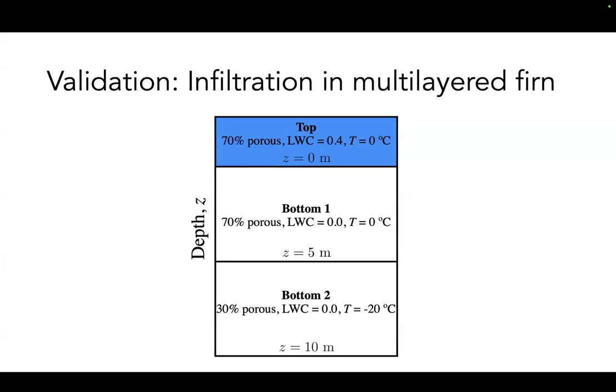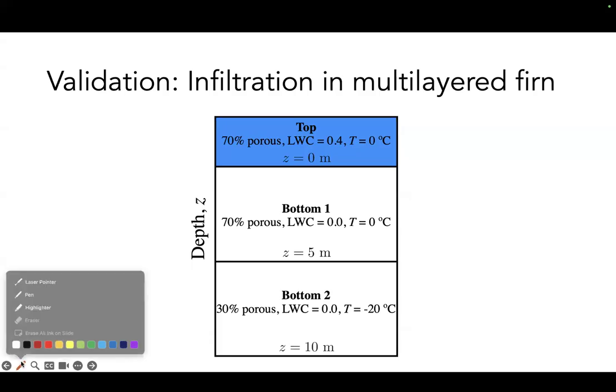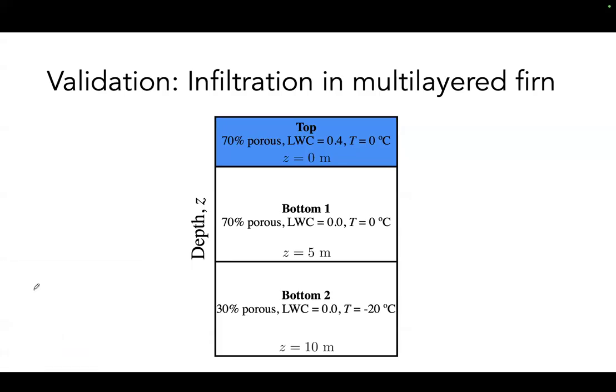So think about a multi-layered Firn where you have two layers, bottom one and bottom two. Bottom one is 70% porous, initially dry, so the liquid water content is zero, and the temperature is 0 degrees, and it's about 5 meters deep. Below that, you have 30% porous Firn, which is slightly less porous, no liquid water, and the temperature is minus 20 degrees Celsius.